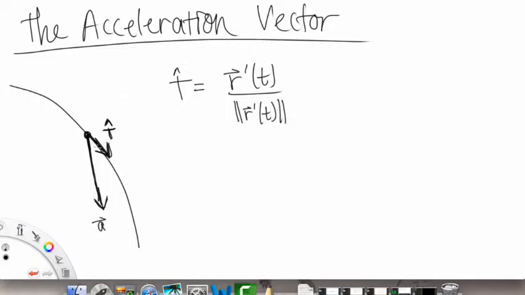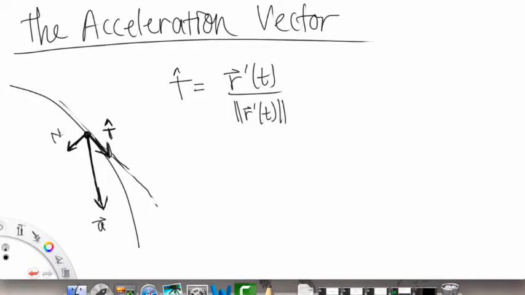This is one of the directions that we'll be measuring our acceleration vector in, and the other direction is the normal direction. Normal means pointing inward, the way the curve is bending toward at that point.